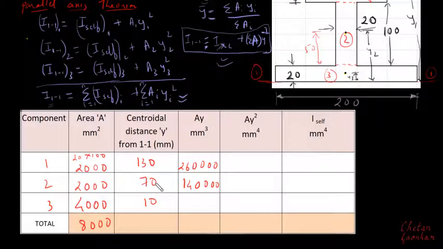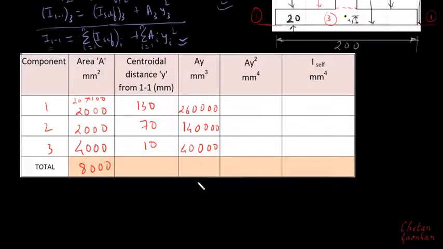And then 4000 multiplied by 10 will be 40000. And if I sum them up, the total should be 440000, and this is nothing but area multiplied by y square. So I need to square this term first and then multiply it with 2000. So this will become 2000 multiplied by 130 square.